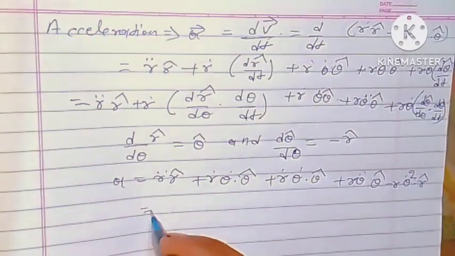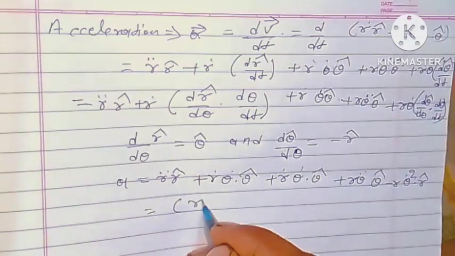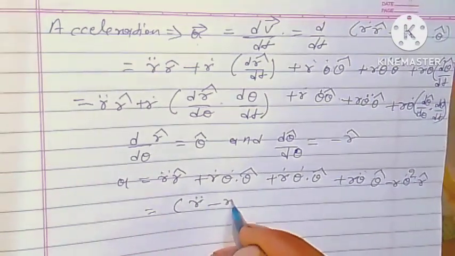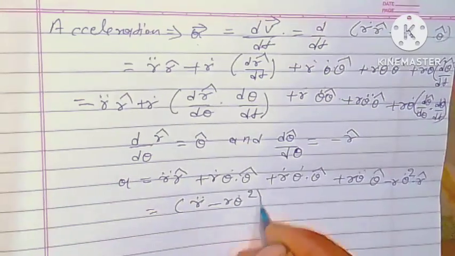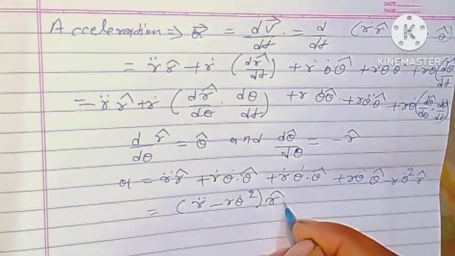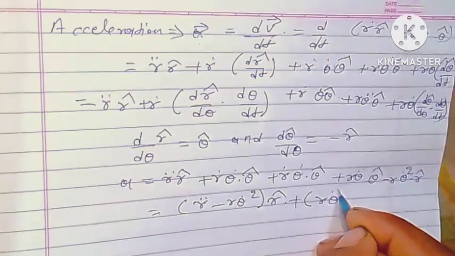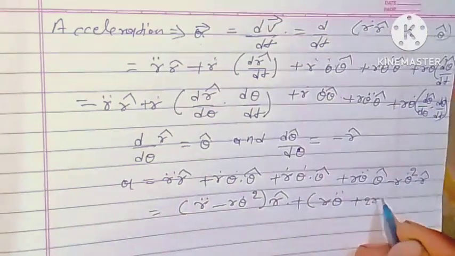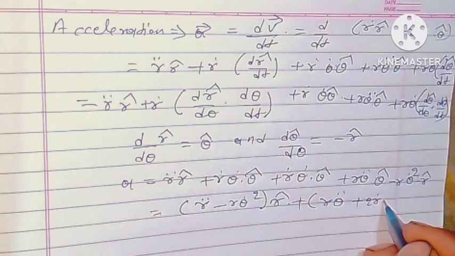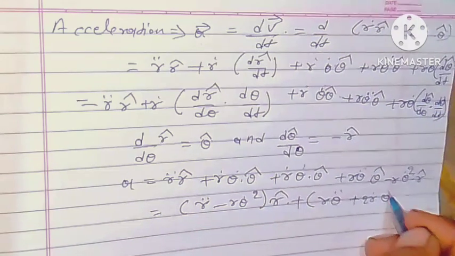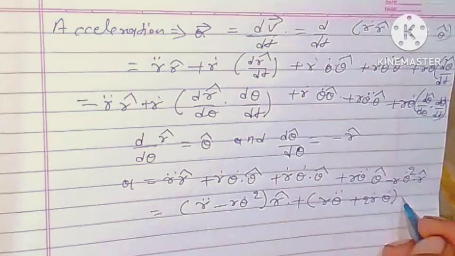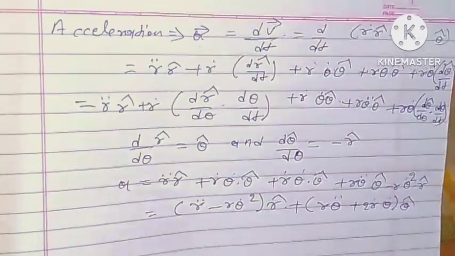So, in a bracket, double derivative of r minus r derivative of theta square, unit vector r, plus r theta double derivative plus 2 times derivative of r into derivative of theta, bracket closed, unit vector theta.